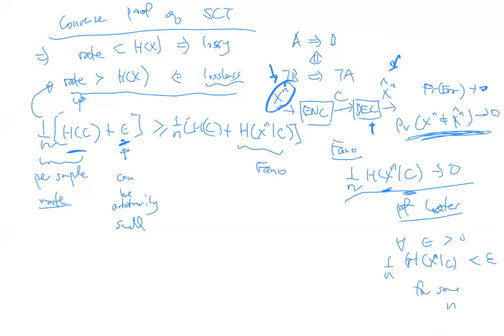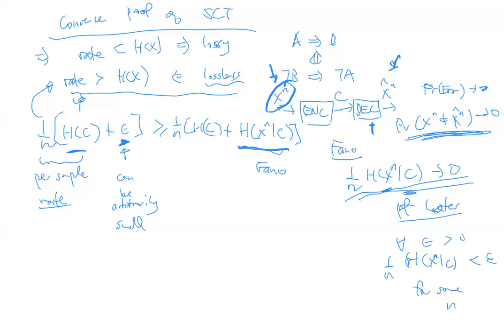So I can put any epsilon here, and since by Fano this will converge to 0, I can pick some n, big enough but it doesn't matter, such that epsilon is bigger than 1 over n, H(X^n | C). So therefore I will have a statement like this.